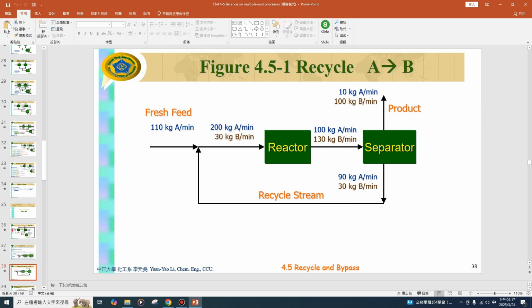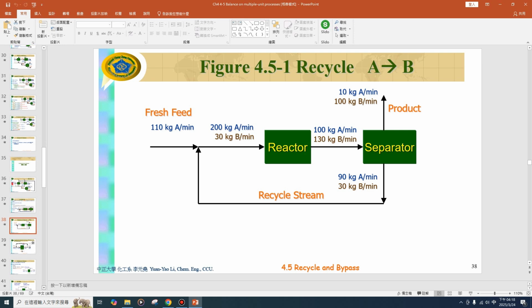So what you can do is you have a separator instead of spending a lot of time to have a completed reaction. You can have this separator to separate A and B, and then let the unreacted A species go back to the reactor. So this is another example, right?